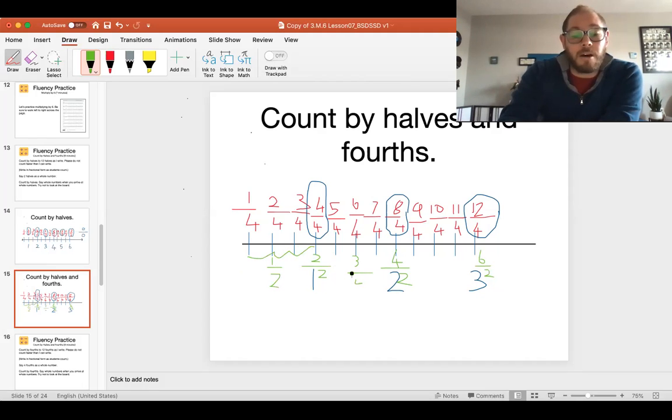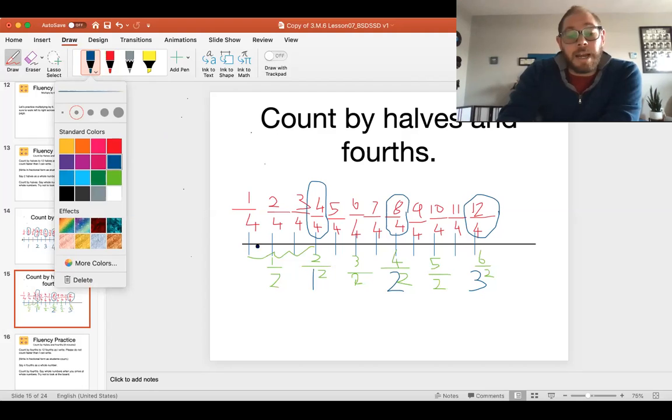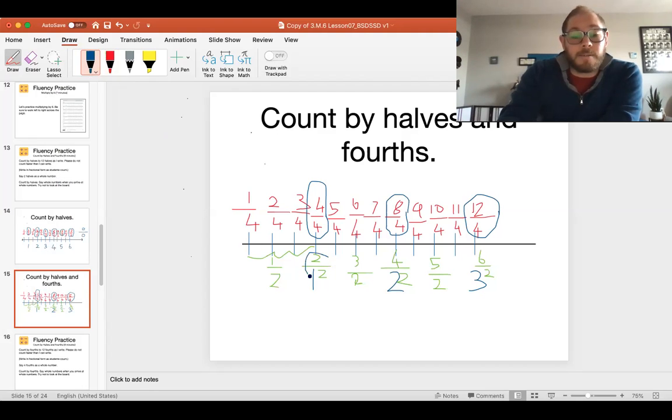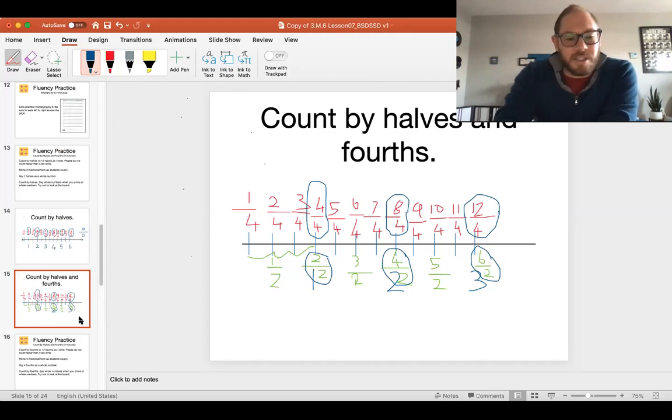Whoops, my half is hard to write on here. 5 halves. And 6 halves. All right, there we go. We've still got our wholes in the same places. 2 out of 2, 4 out of 2, and 6 out of 2. Good work, grade 3s. I know we all remember that from our fractions time.